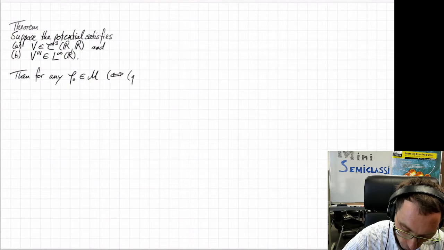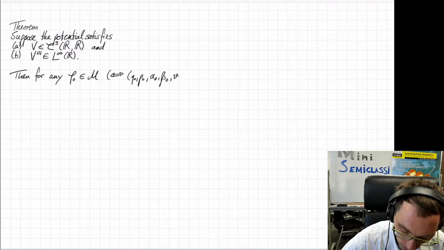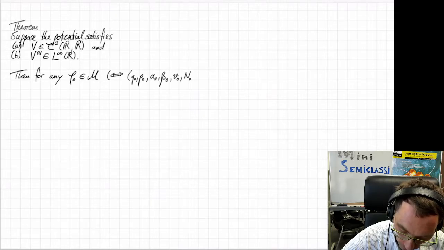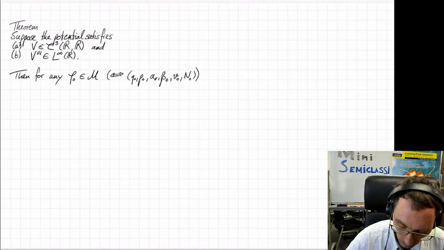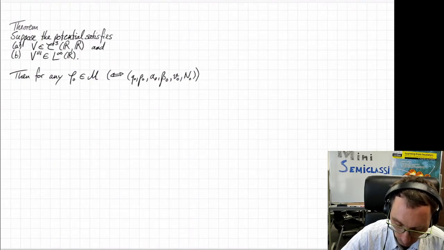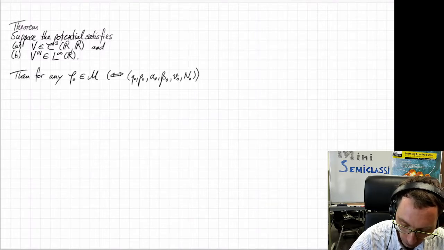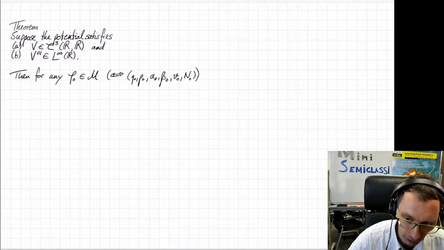We have Q naught, P naught, we have alpha naught, beta naught, nu naught, and n naught. So these are just the coordinates of phi naught in our manifold. But I'm emphasizing this because we will need the initial conditions later on.